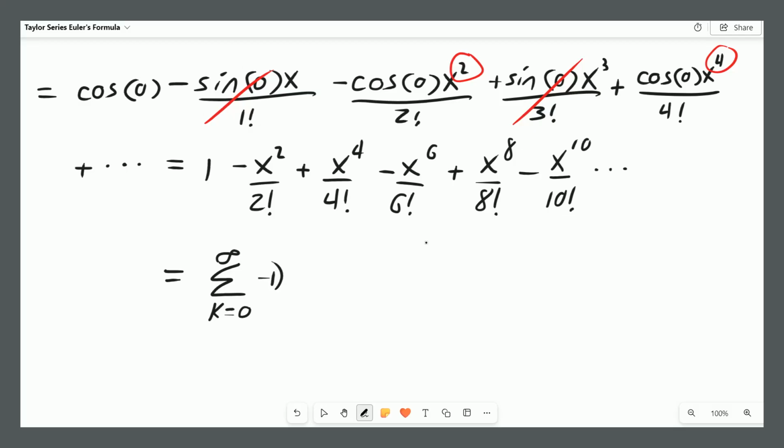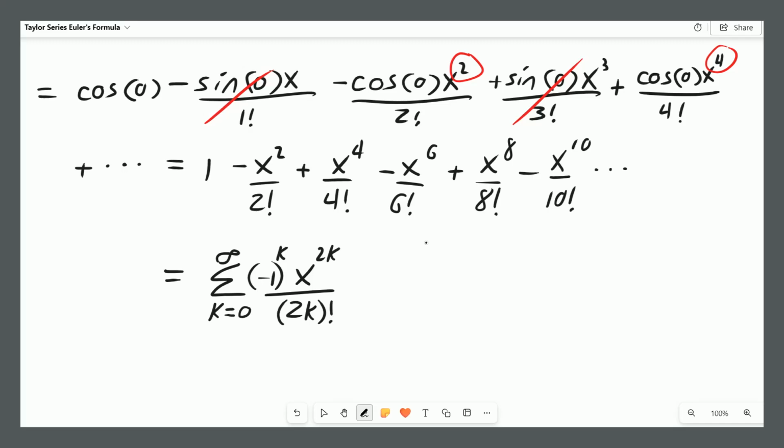So we're going to do negative 1 to the power of k. With k starting from 0, it ensures that we have negative 1 to the power of 0, which is equal to 1 first, and that is this one right here. And then we're going to do x to the power of 2k divided by 2k factorial.